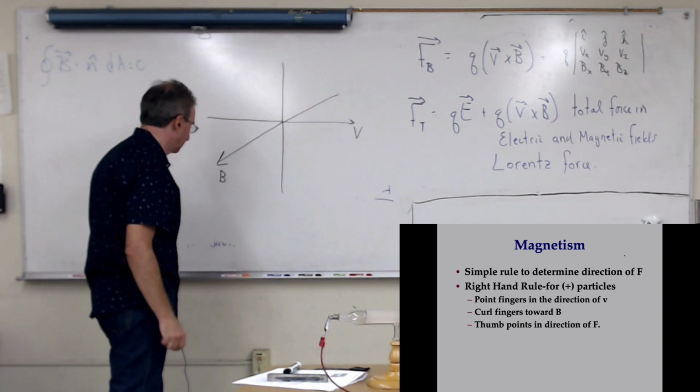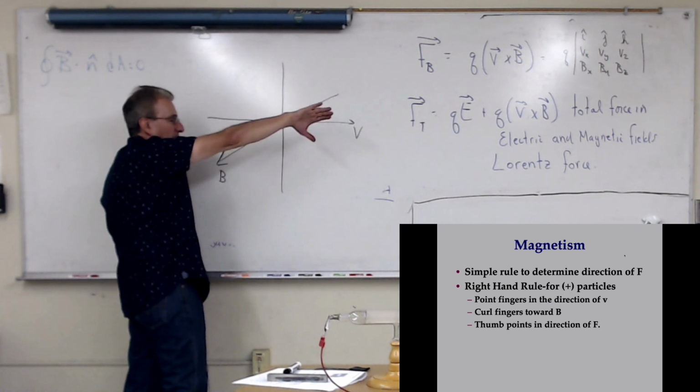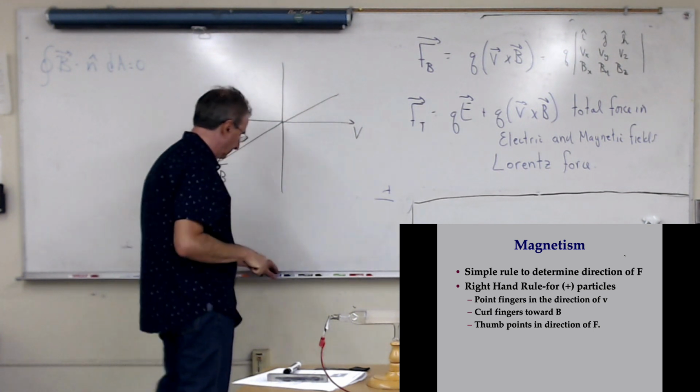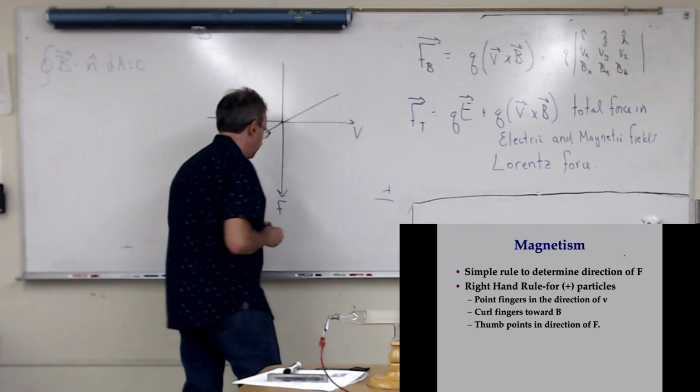I point my fingers towards V, curl them towards the magnetic field, my thumb points downward, and so the force is that way.